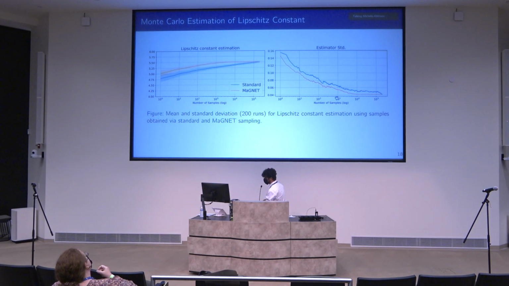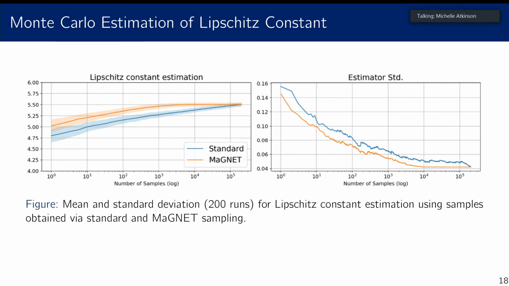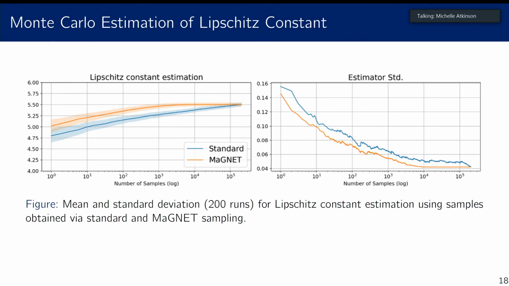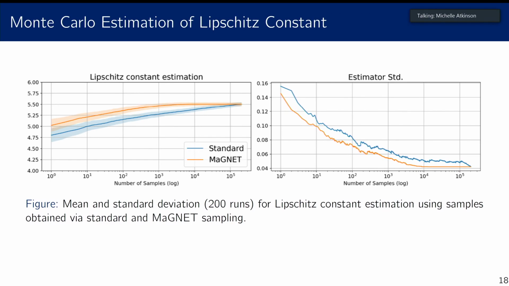And we also show in our paper that we can use MaGNET to do manifold geometry estimation, like for example, Lipschitz constant estimation. And when we are using uniform samples from the manifold to estimate these geometry coefficients, it's faster to converge compared to standard sampling.